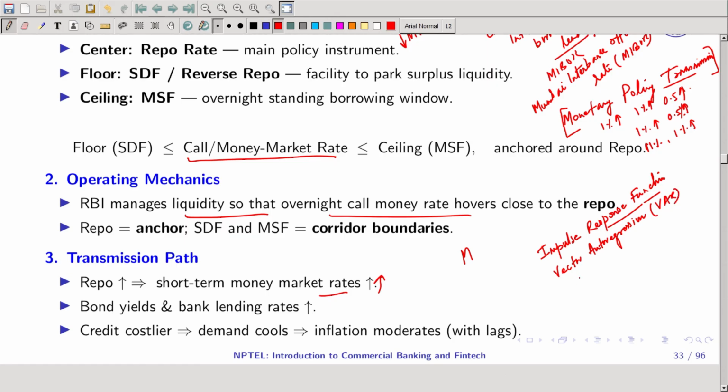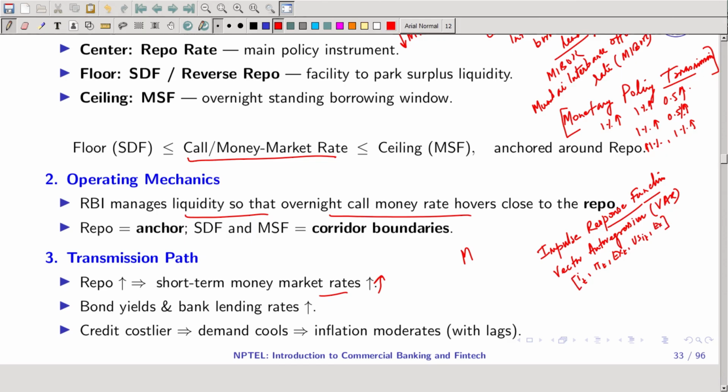What is the purpose here? We are trying to read how the interest rate is being determined by inflation, exchange rate, or suppose US interest rate and some other variable, for example exports.